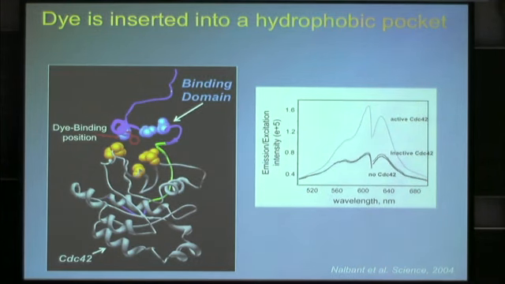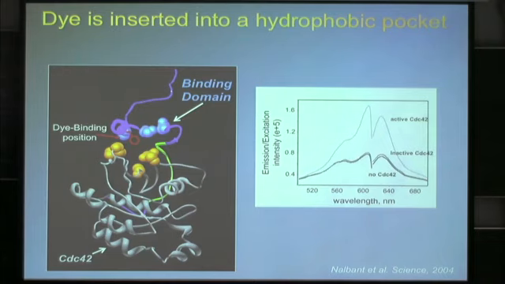Well, when we looked at the structure, this was published, I forgot, sorry, to put the reference here, we found that the dye position where we coupled the dye with the binding domain would actually come into a hydrophobic pocket only upon binding between the two proteins.